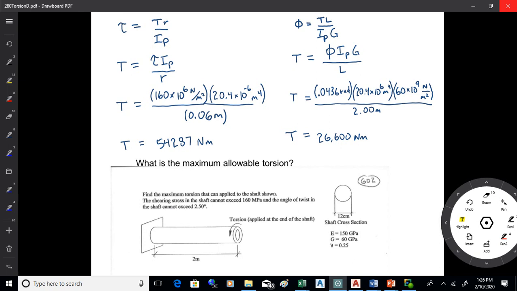Now what's going to happen for that is I'm going to get 2 torsions out. One for the shear stress, allowable shear stress, and the other for the allowable angle of twist, that twist angle. So I'm just solving that backwards is what I'm doing.